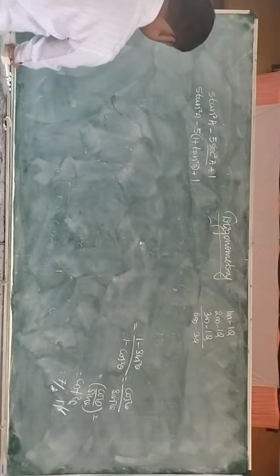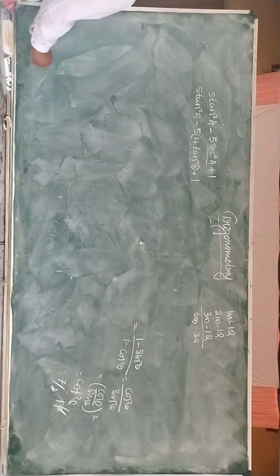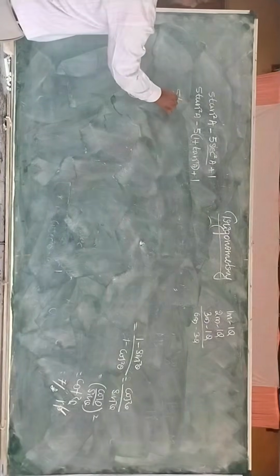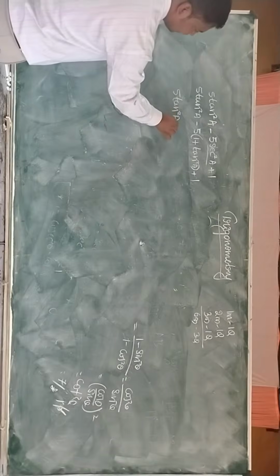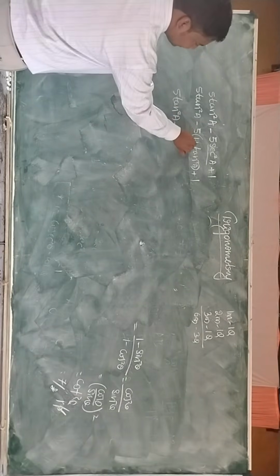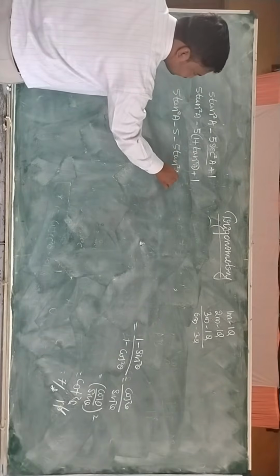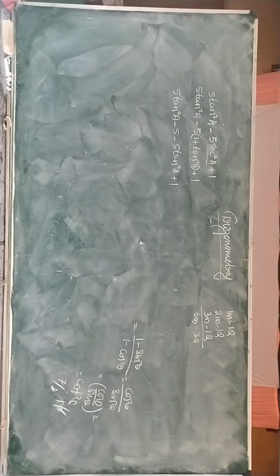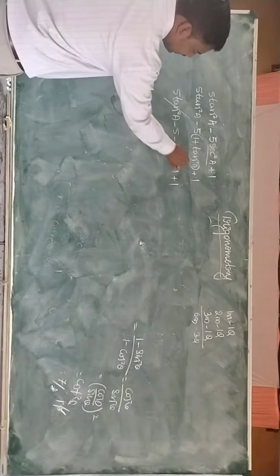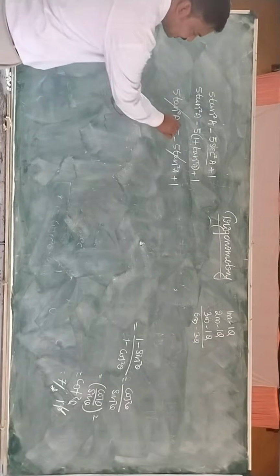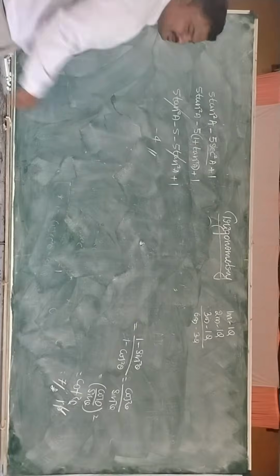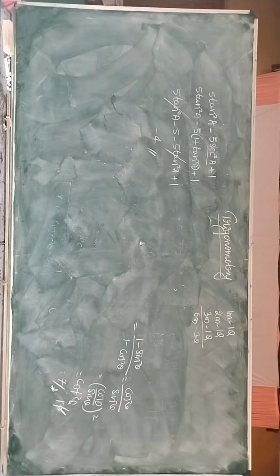It's now 5 tan square A minus 5 ones are 5, plus into minus, minus 5 times of tan square A plus 1, plus 5 tan square A minus 5 tan square A get cancelled. Minus 5 plus 1. 1 plus tan square theta is equal to what?